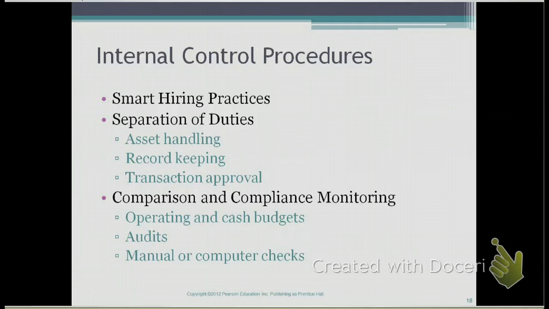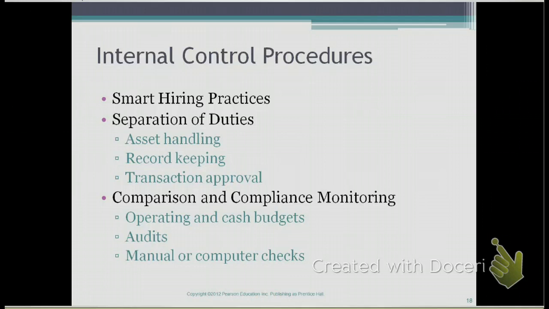Let's take a look at an example. As you all know, accounts receivable represents amounts that are owed by customers to the company. Whenever customers pay on account, they send in money to the company.